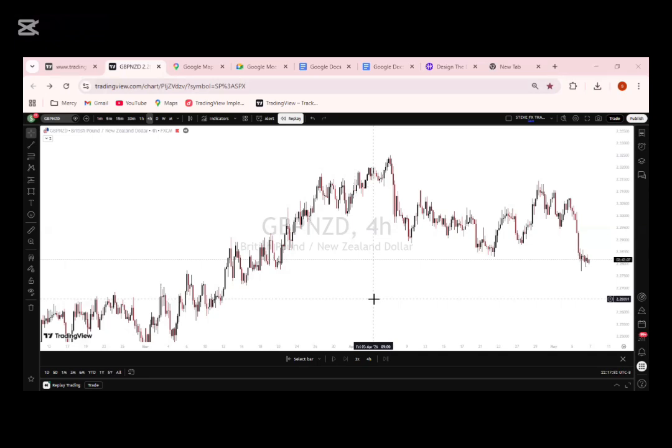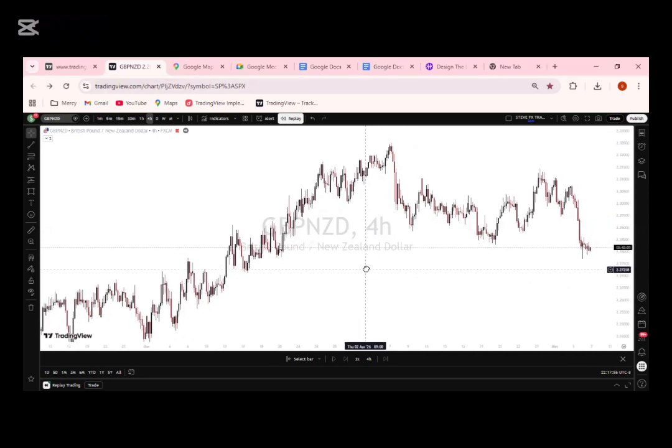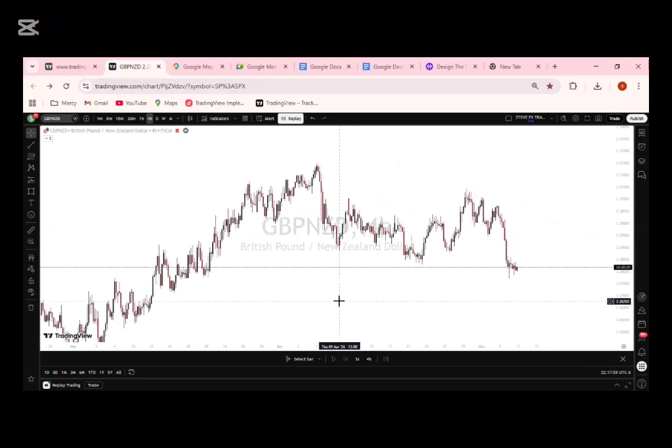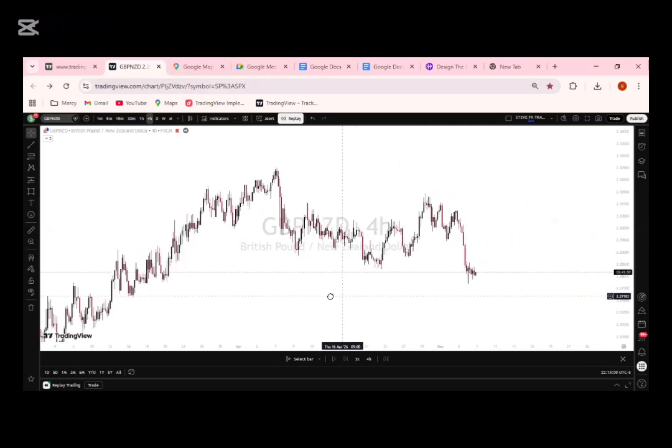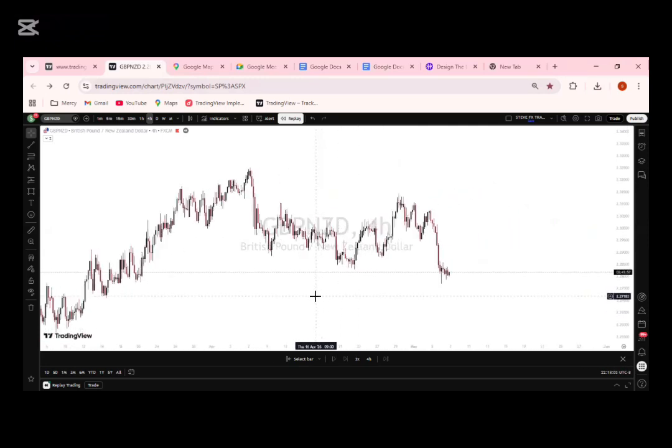So let's go onto the chart and apply the concept that we learned in picking a valid order block. From the previous lesson, we noted some conditions that make an order block valid. We talked about a break of structure.